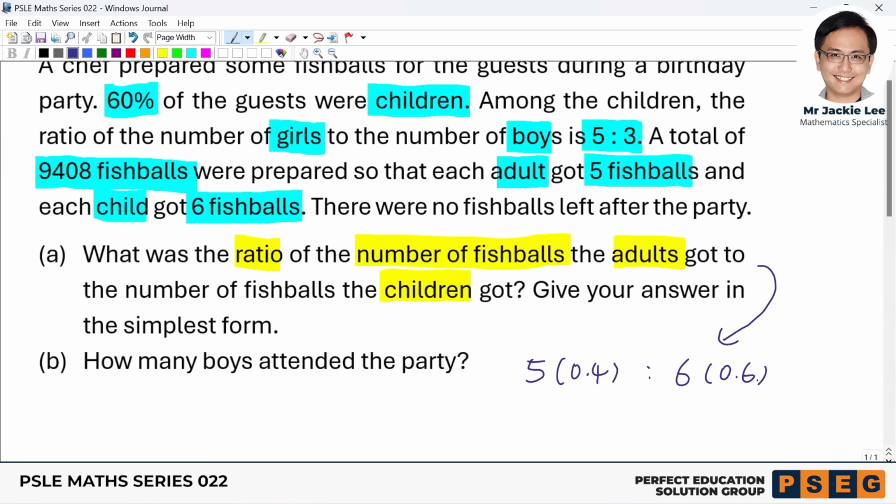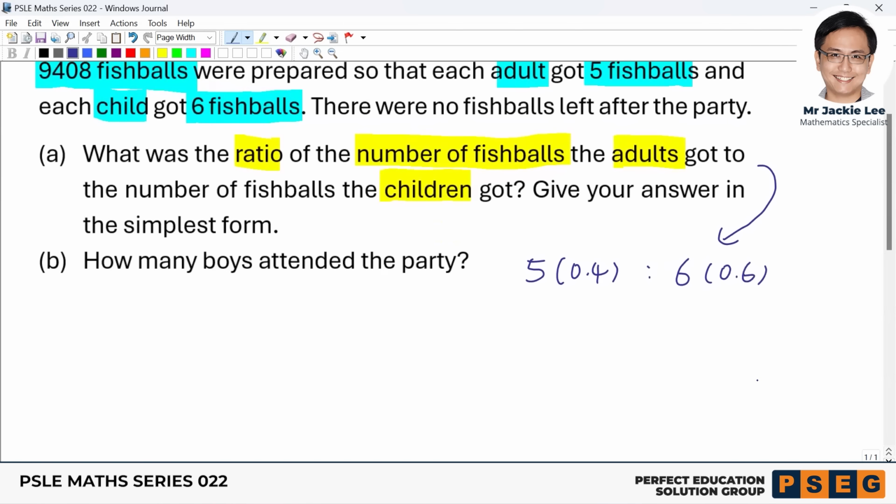We simplify from here. You can multiply throughout by 10 to avoid the decimal. So it becomes 5 times 4, then 6 times 6. This is 20 to 36, which can be reduced to 5 to 9. This is the answer for part A.